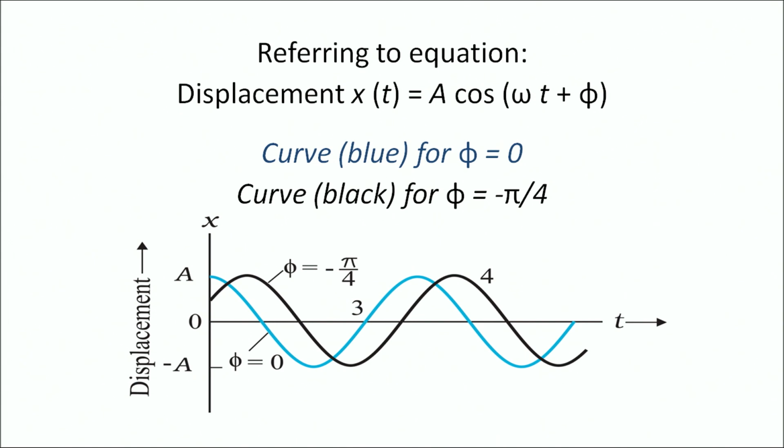Referring to the equation of displacement, the two curves depict two different phases for the system. For example, the blue curve shows the phase phi equal to 0, while the black curve shows the phase phi equal to minus pi by 4. So, these are the two different phases for the system.